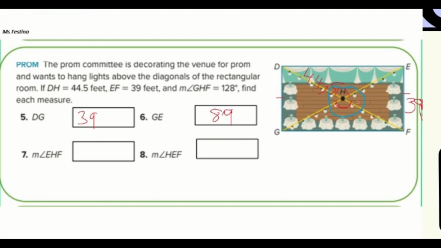So we have 128 degrees plus 128 degrees plus EHF plus DHG, and these are angles.